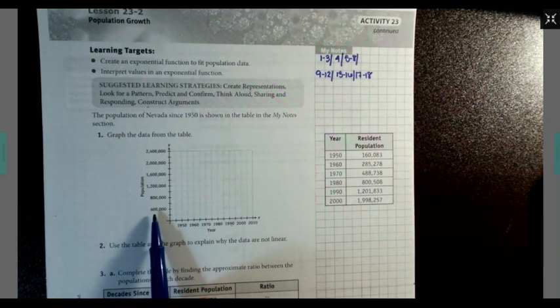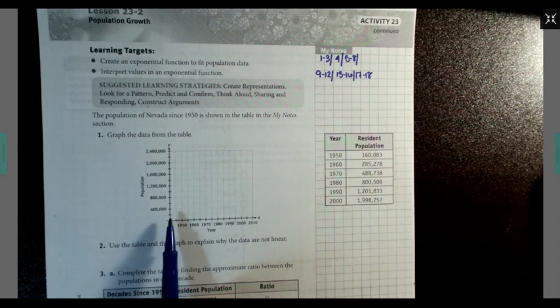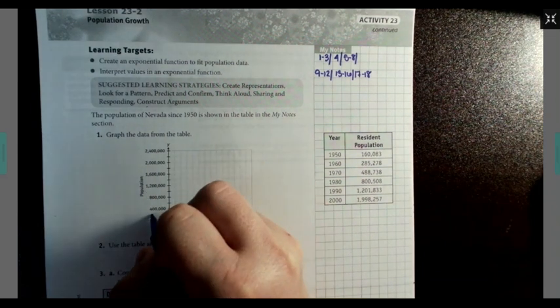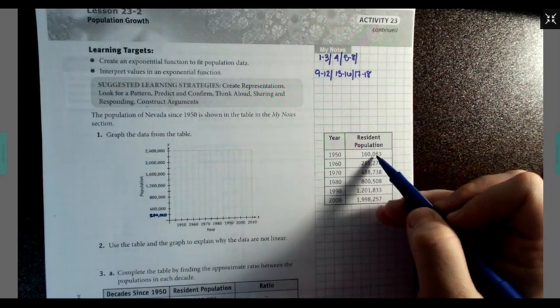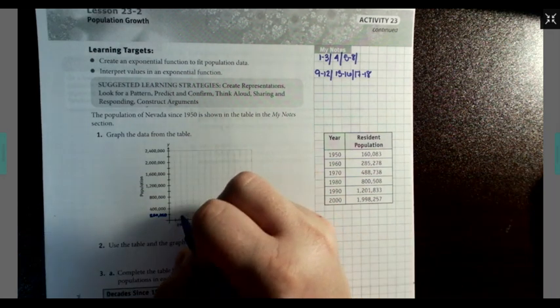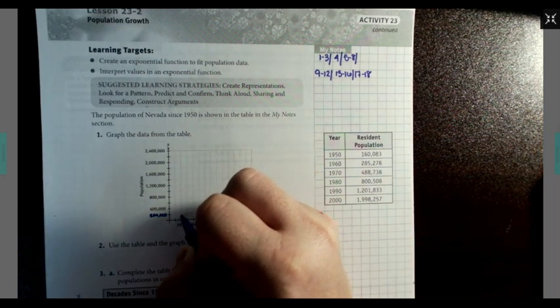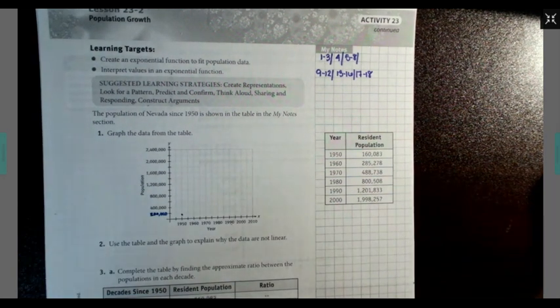Well, it looks like this is 400,000, so that means that this little hash mark in between should be every 200,000. Well, in 1950, it was below 200,000. So I'm going to say it was right about here. Okay. It's close to 200,000, but not quite there.